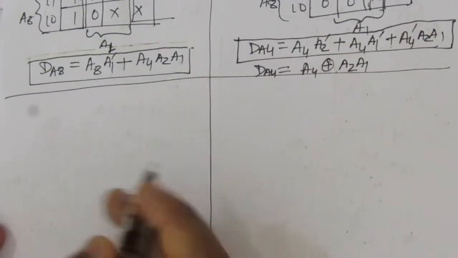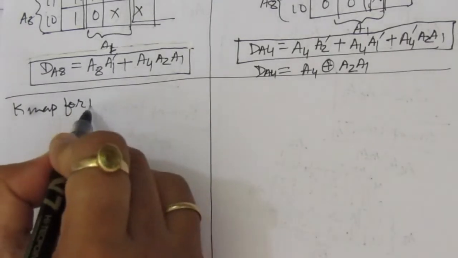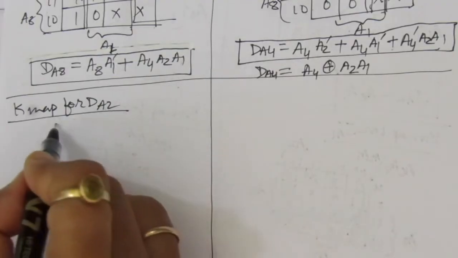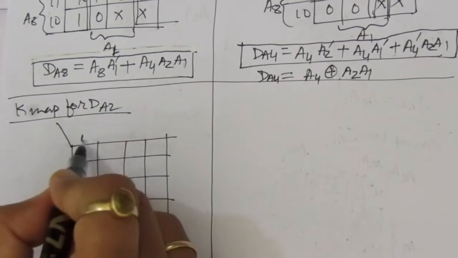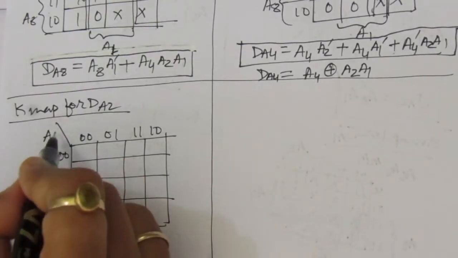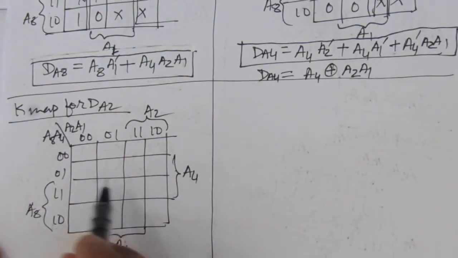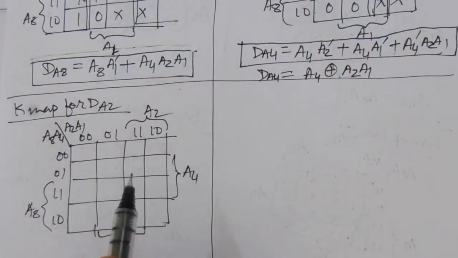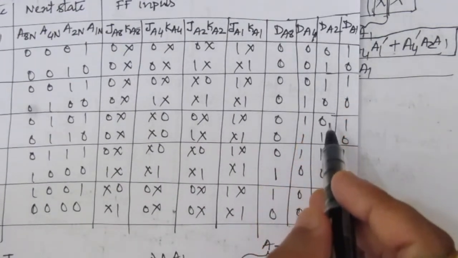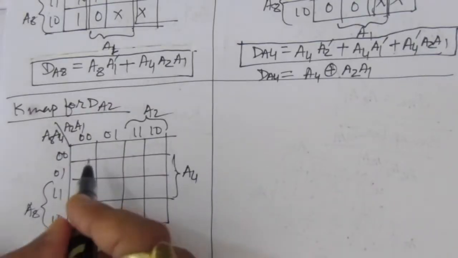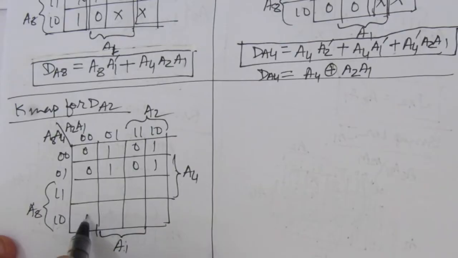Now we have to find out the K-map for DA2. So here also we'll have a 4 variable map. So we have to fill up this table with the DA2 values. Okay, so what we'll get? DA2 we have 0 1 1 0 0 1 1 0 0 0 0 1 1 0 0 1 1 0 0 0.